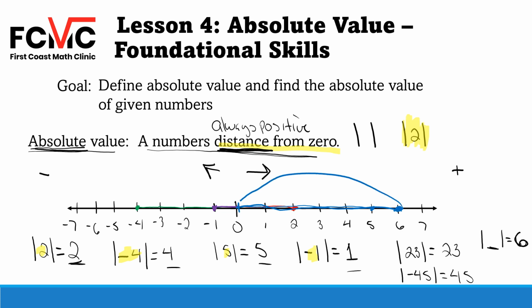So if I just draw this in, positive 6 is 6 units away from 0. But also, we could use negative 6 as well. And negative 6 is going to be 6 units away from 0. So we have two possible answers here. The absolute value of 6 is 6, and the absolute value of negative 6 is 6. So we have two possible values that have an absolute value of 6.